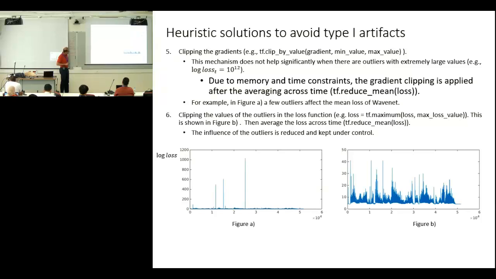So if we clip that loss function before we apply the derivatives, we have this figure here, and we calculate before we average the loss function. This helps quite a lot, especially with noisy databases. It helps a lot to stabilize the training.